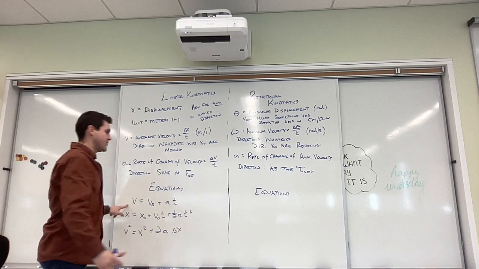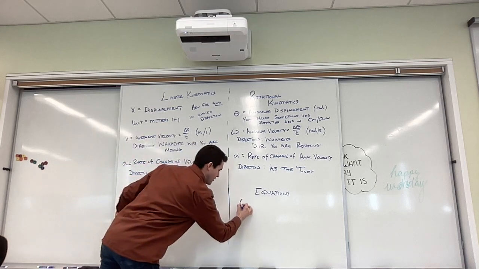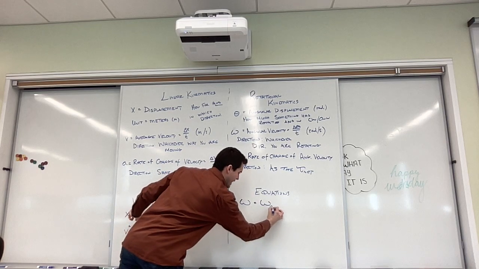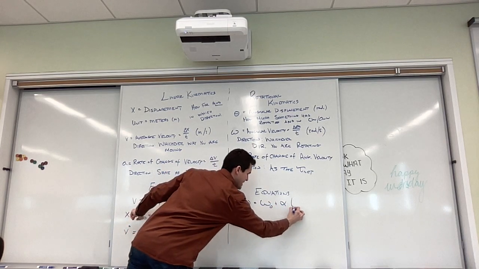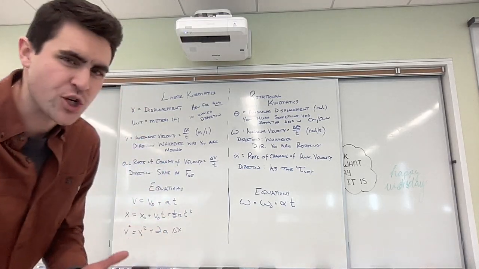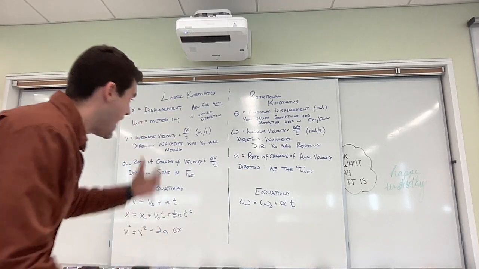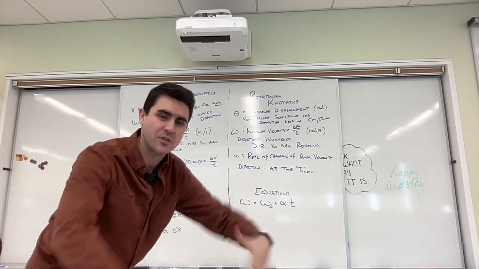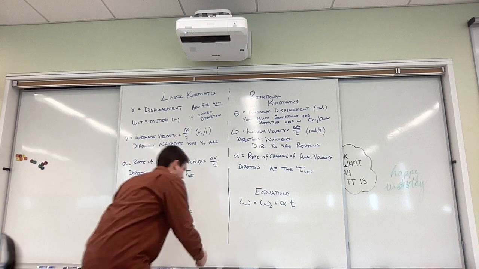For example, this first equation is final velocity is equal to initial velocity plus the acceleration times time. This is a reasonable rotational or angular kinematic equation. I've simply replaced my linear variables with my angular variables, and I have a new equation. Let's try it again.